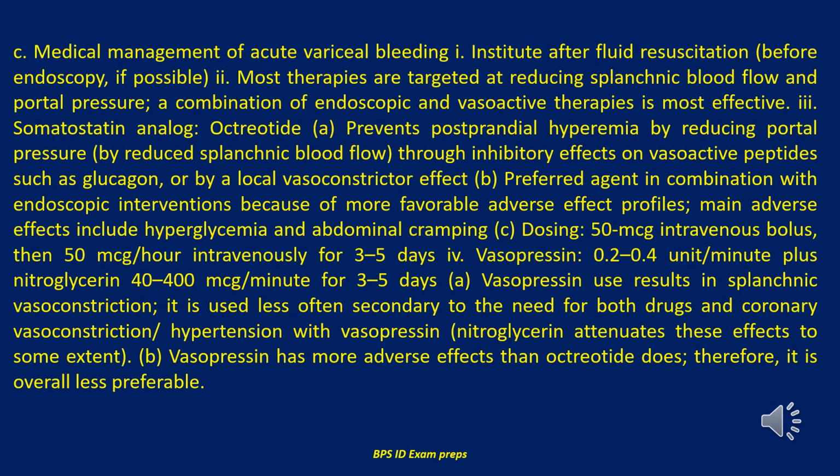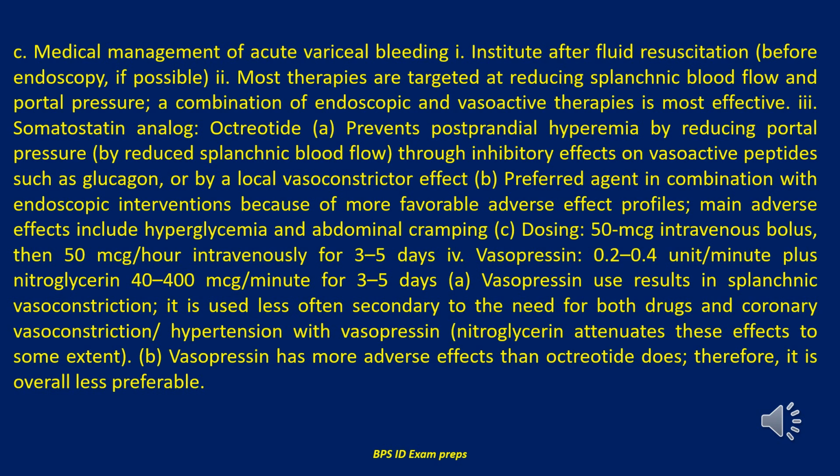It is the preferred agent in combination with endoscopic interventions because of more favorable adverse effect profiles. The main adverse effects of octreotide include hyperglycemia and abdominal cramping. Octreotide is dosed at 50 micrograms via intravenous bolus, then 50 micrograms per hour intravenously for 3 to 5 days.